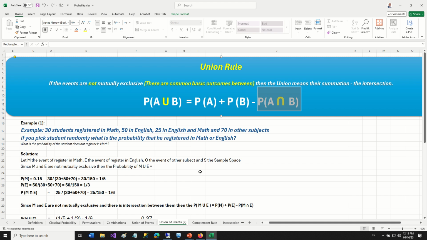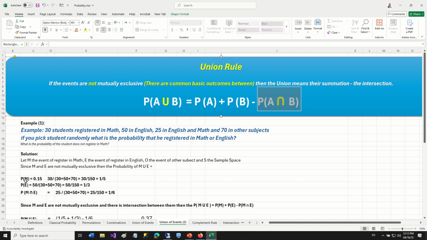So since M and E are not mutually exclusive, the M event is students registered in math, and E is students registered in English. You see that there are students registering in both of them. So that's why these events are not mutually exclusive.